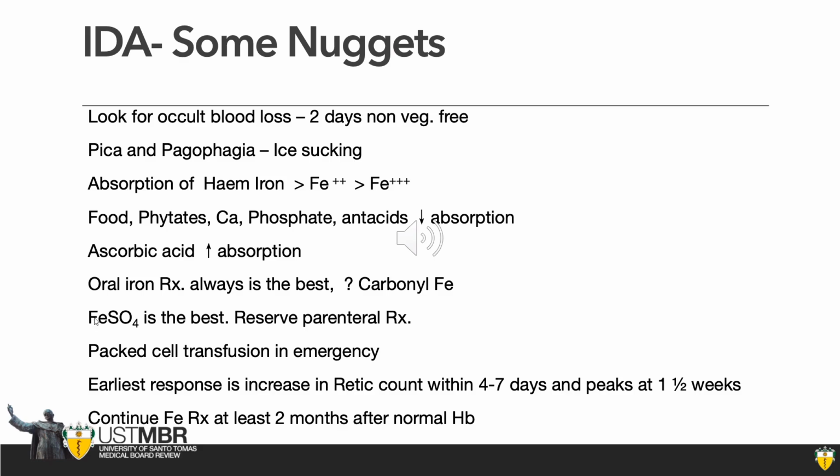The earliest response to oral iron supplementation would be an increase in reticulocyte count within 4 to 7 days, which peaks at 1.5 weeks of oral or IV iron supplementation. It's important to continue iron supplementation at least 2 months after normalization of hemoglobin in order to build up the stored iron.